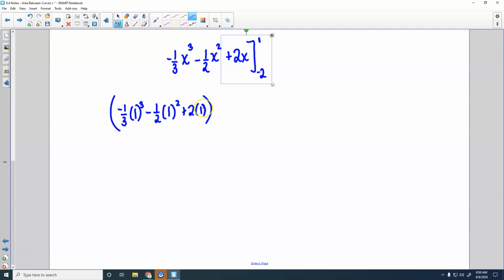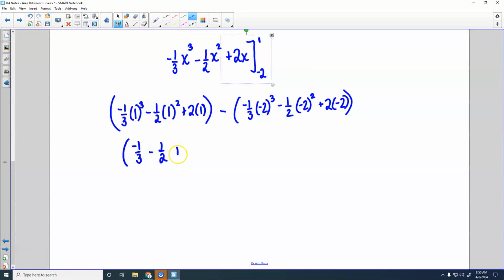That's our first part, minus negative 1/3 times negative 2 cubed minus 1/2 times -2 squared plus 2 times -2. And so that will give us negative 1/3 minus 1/2 plus 2.